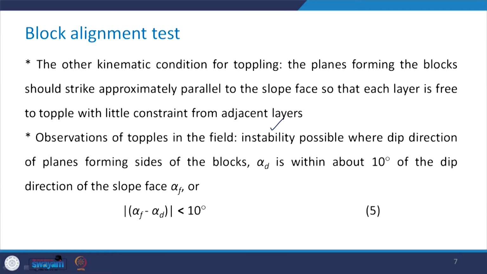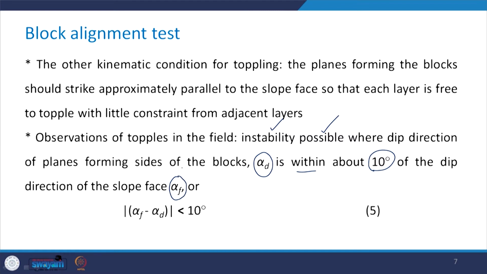Observations of topples in the field are used to identify whether the instability is possible or not, and this instability will be possible when the dip direction of the planes forming the sides of the blocks, which is represented by alpha d, is within about 10 degrees of the dip direction of the slope face, which is given by alpha f.